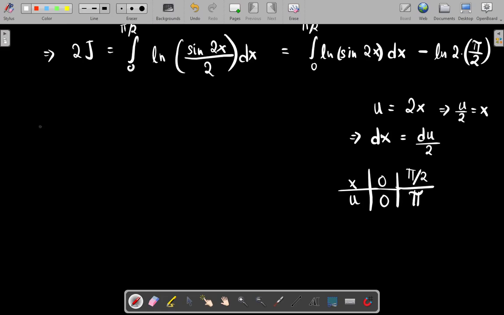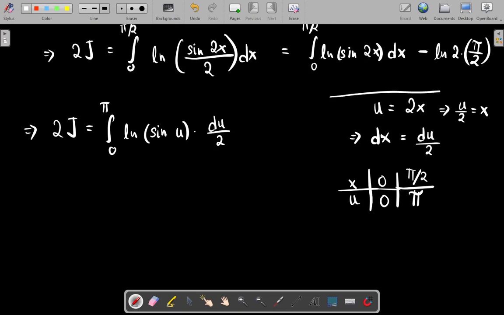Okay, so we have 2j equal to the integral from 0 to pi of ln sin u times dx, which will become du by 2, right? So this entire thing is in the graph.